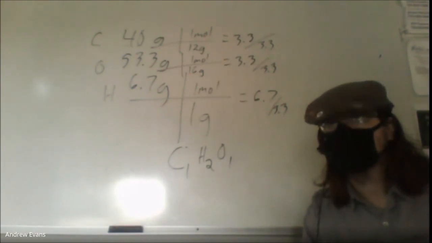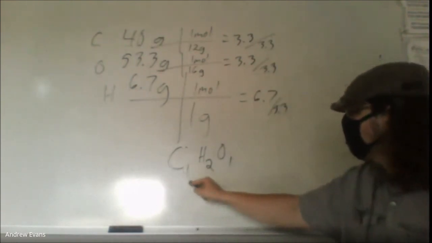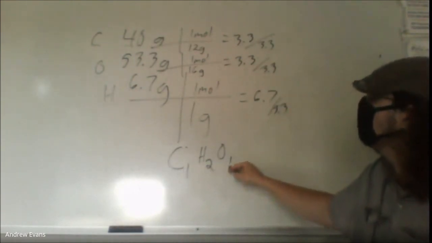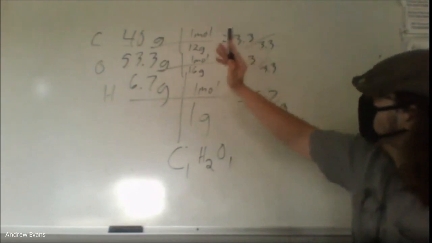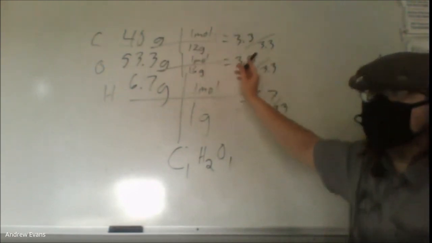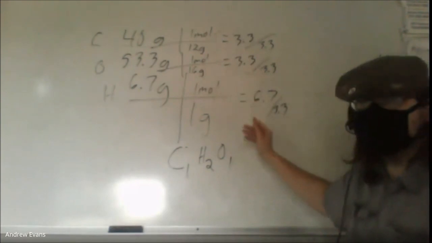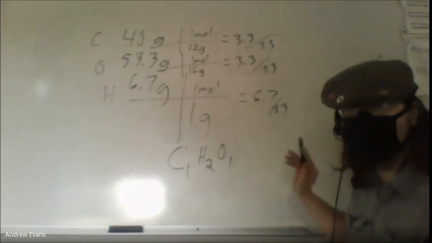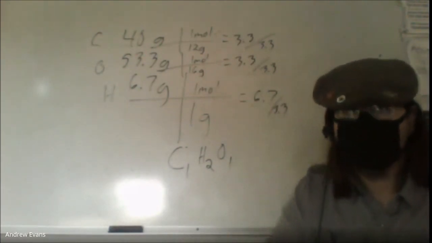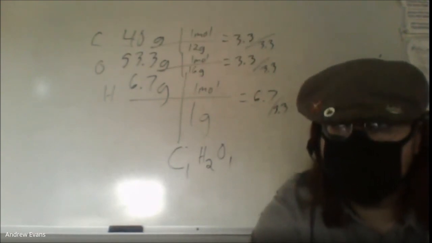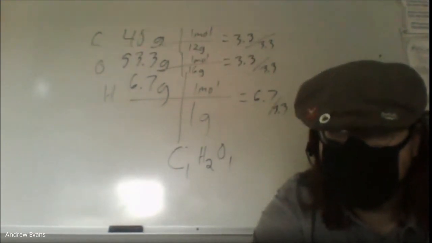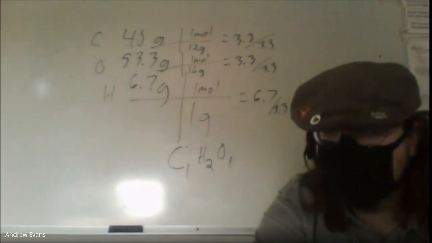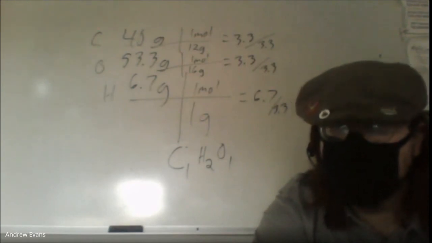The actual structure is C5H10O5, but the ratio is 1 to 2 to 1. What do we do? Turn grams into moles, divide by the lowest number of moles to get a full ratio. That is what we must do. We'll maybe do one more of those later. That's where we're stopping for today. Have a good day.